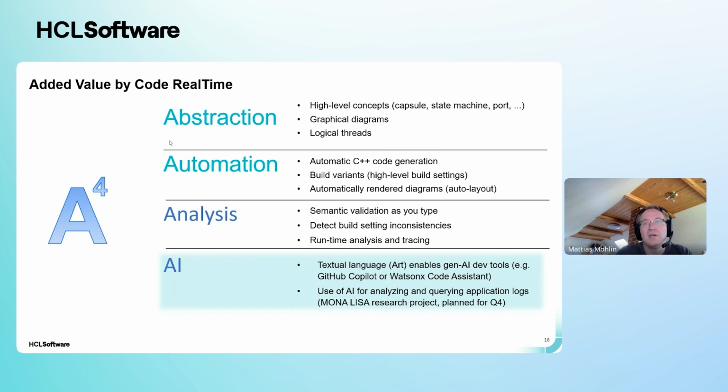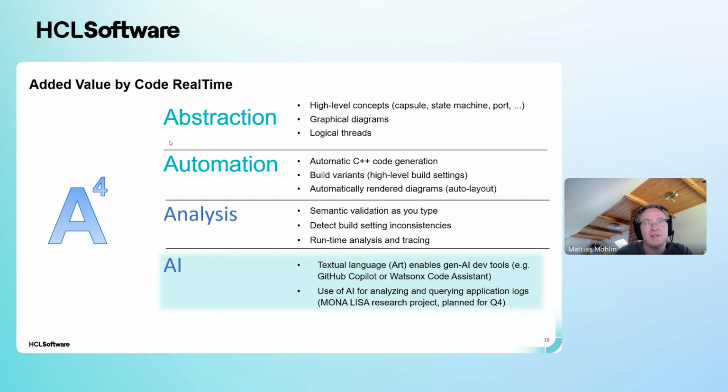For example, the solution to the problem I mentioned in the beginning, to create more than one variant of an application, is supported by something called build variant, which basically is a way to automate the build using high-level build settings. And there are a few others also.